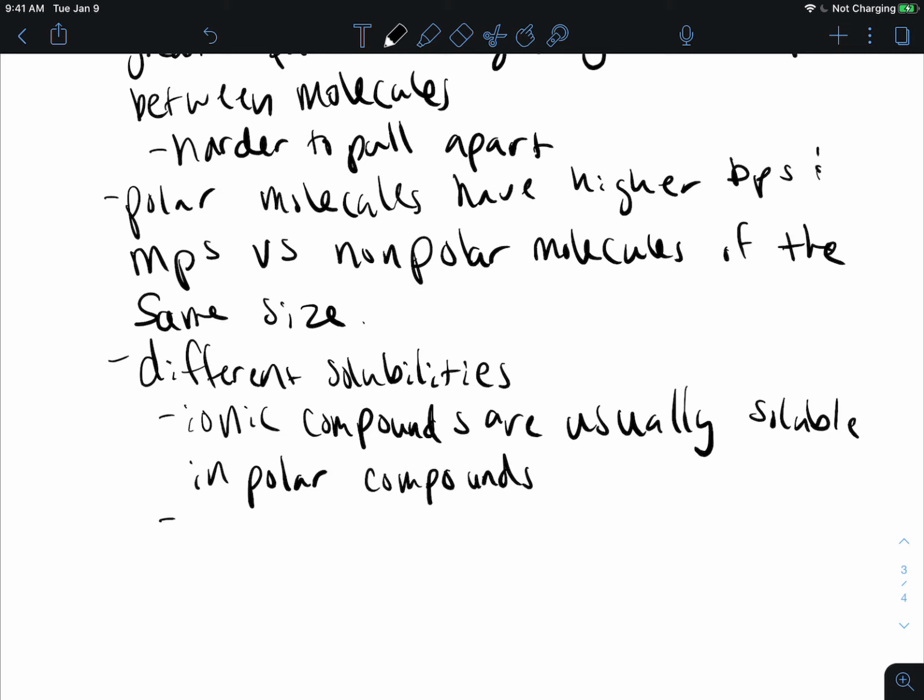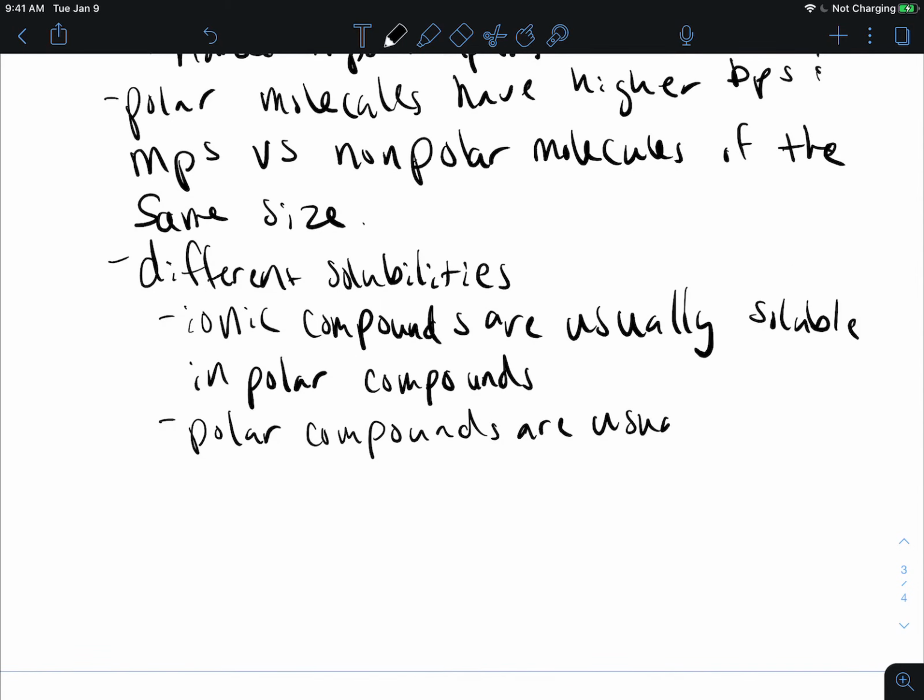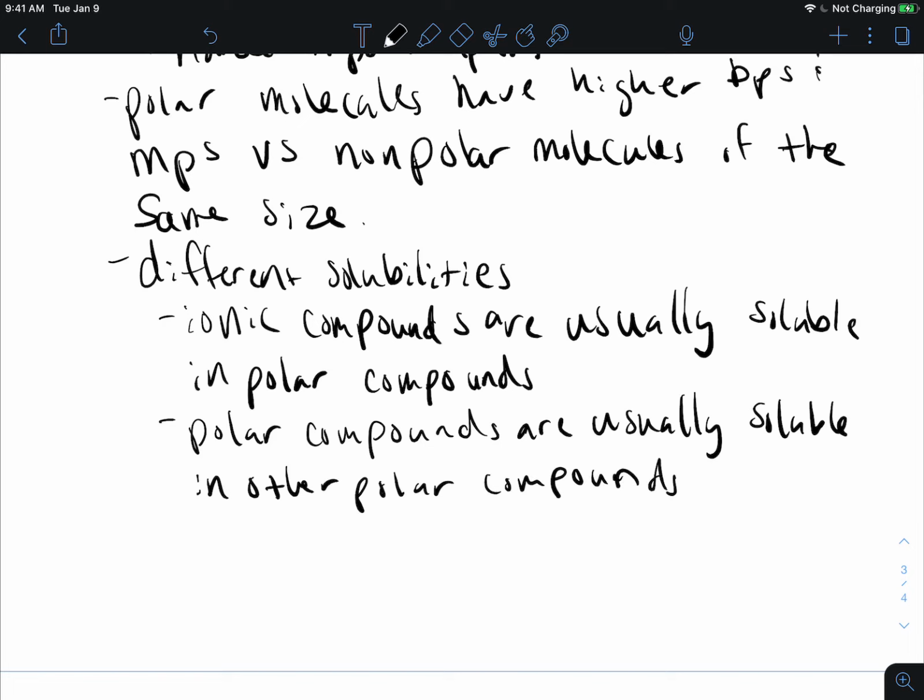And polar compounds are usually soluble in polar compounds. And then nonpolar compounds are by themselves. They don't solubilize ionic or polar compounds, and they also aren't soluble in ionic or polar compounds.